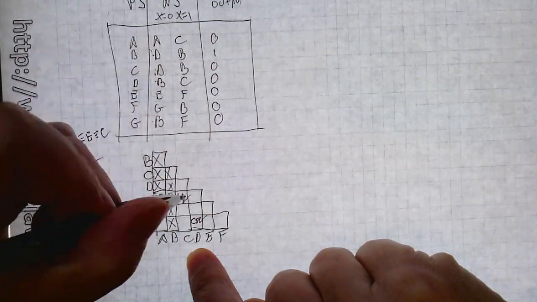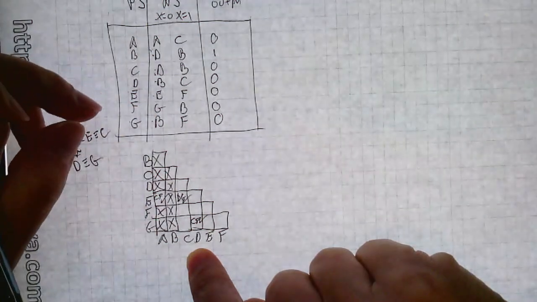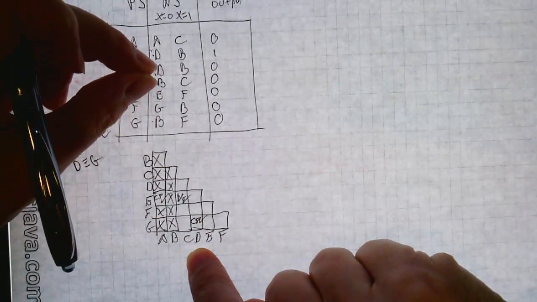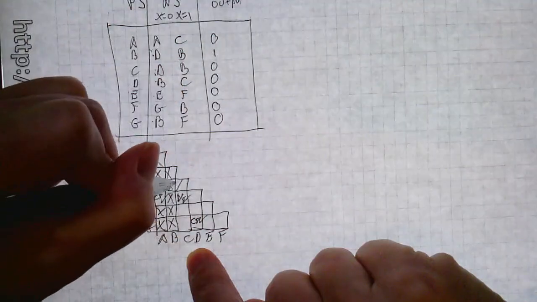DB does not work, so that gets an X. C to D, or DC, is true if D equals B. It does not.